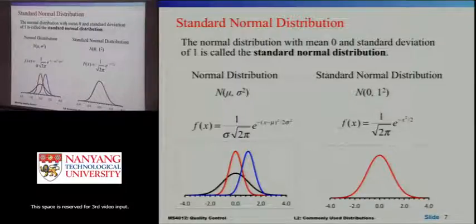Its average is 0, its standard deviation is 1, and its PDF is given by this function, and it always looks like this. Okay? Then we can convert an arbitrary normal distribution to the standard normal distribution. So we just need to do the integral of this one, then we solve the problem, right?